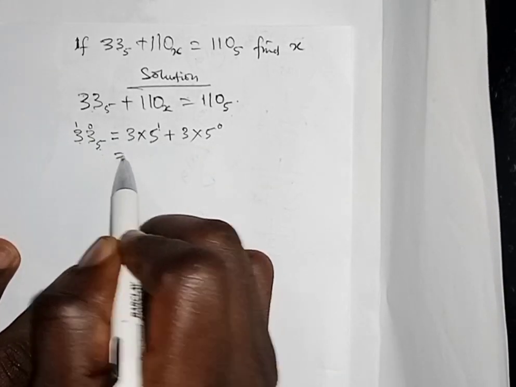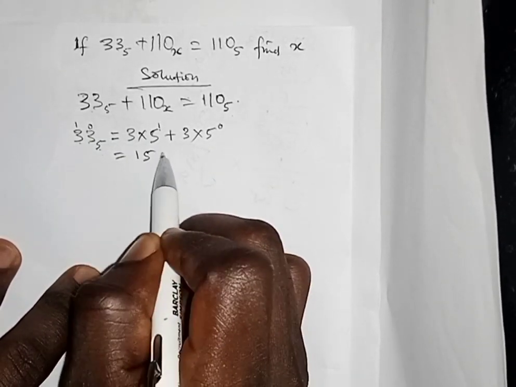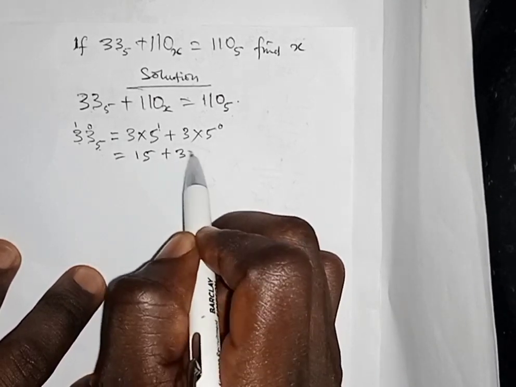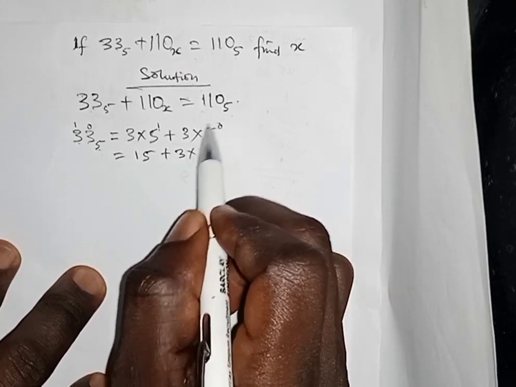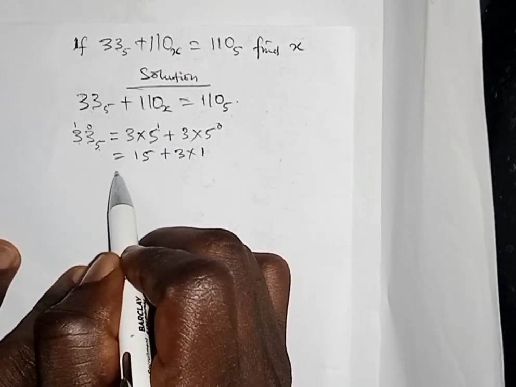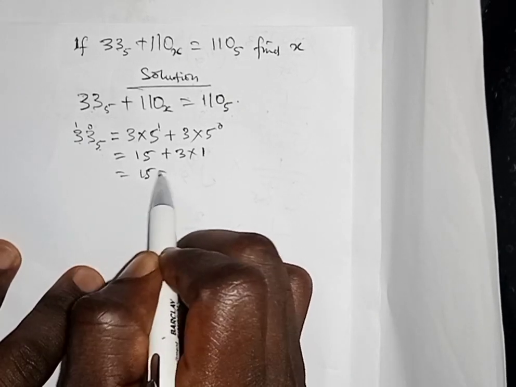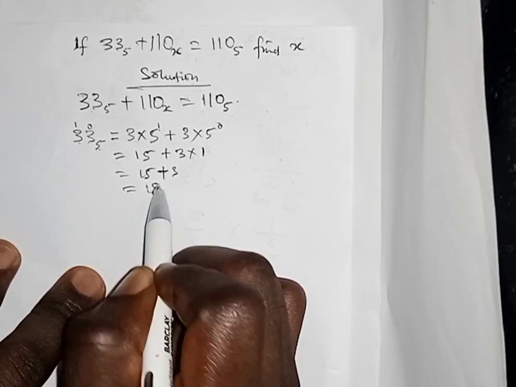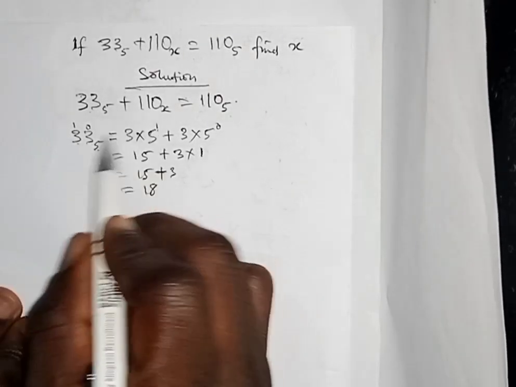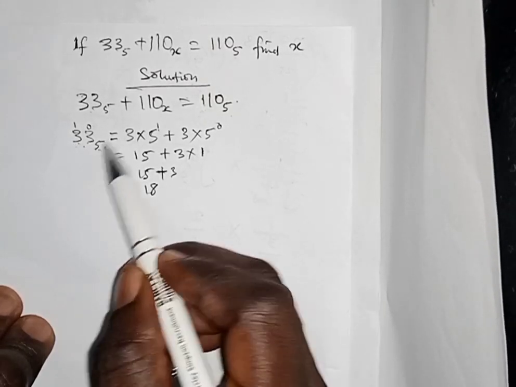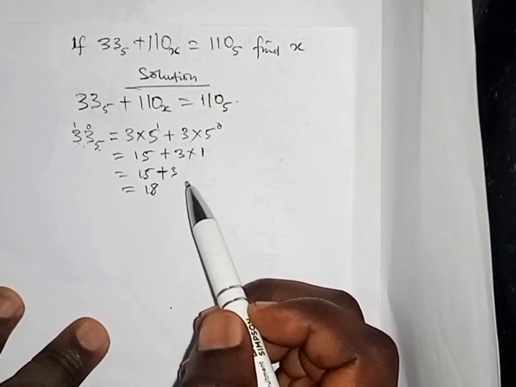This gives me 15 plus 3 times 1, because any number raised to power 0 is 1. So this is equal to 15 plus 3, which is 18. Now I've converted this to base 10, which implies that 33 base 5 is 18 in base 10.